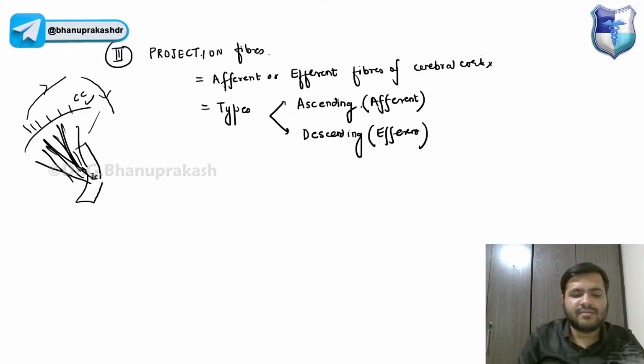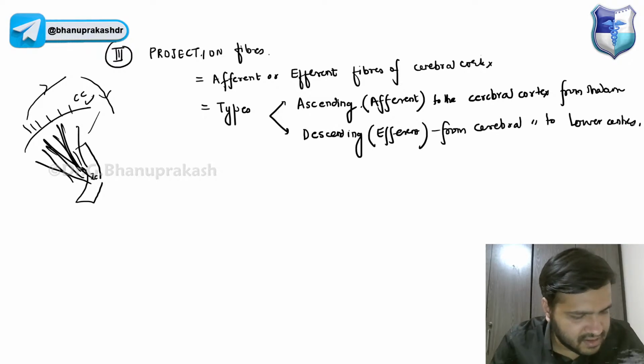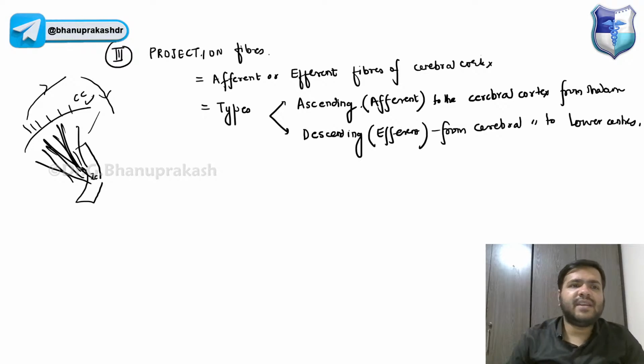So the ascending tracts go to the cerebral cortex. Obviously कहाँ तक आएंगी? Cerebral cortex कहाँ से आ रही है? From the thalamus. नीचे thalamus, right? And descending is from the cerebral cortex to the lower centers. One example you already know is the corona radiata.